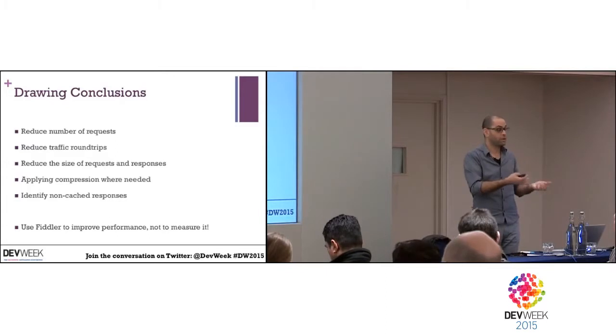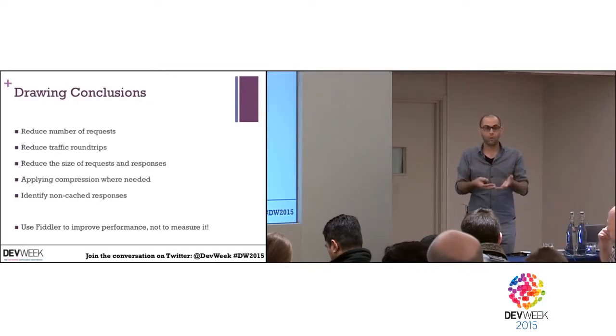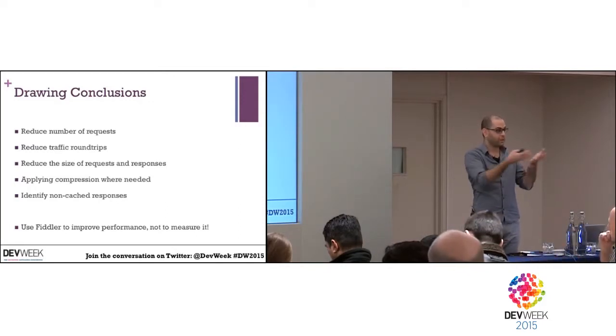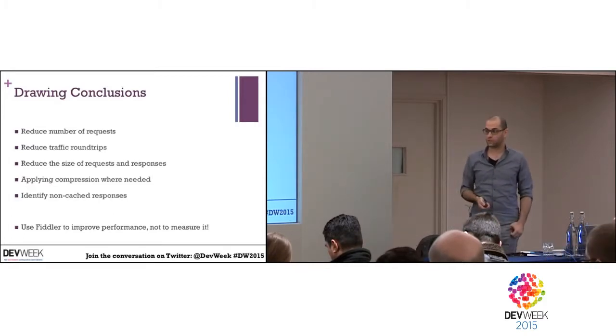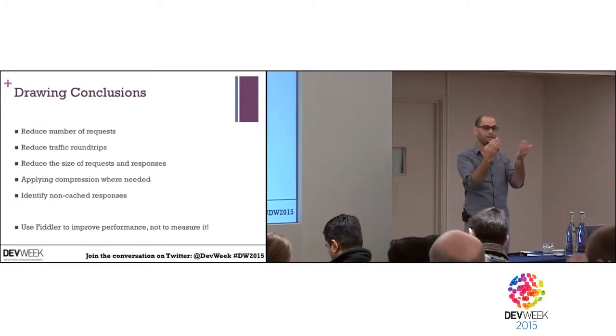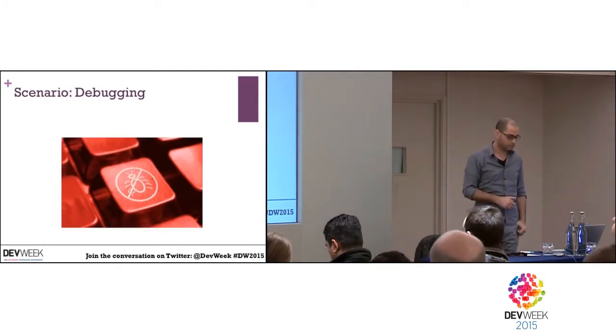By the way, it may also increase the performance, because when Fiddler is turned on, it's a proxy, so the browser will actually use more concurrent connections than without a proxy. Okay? So it really depends on how it will be used. So use it to look at the timeline and at the statistics, but not to do load tests and figure out how much time it actually takes to send the request and get the response.